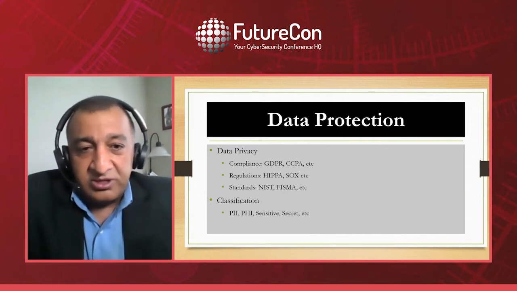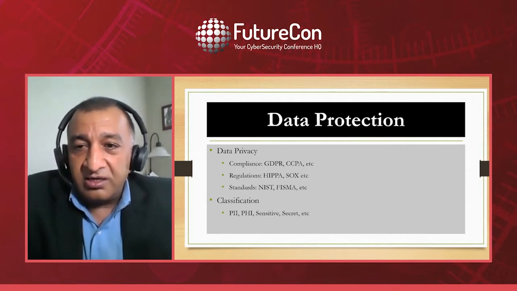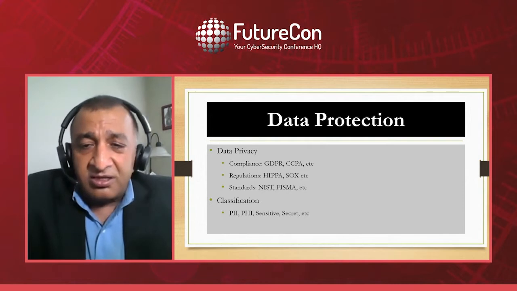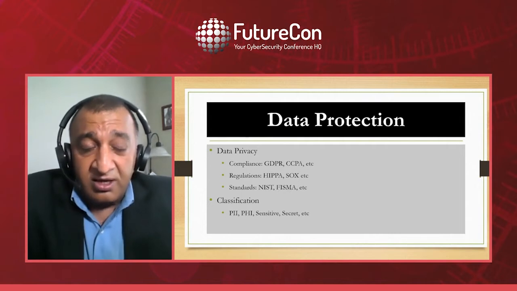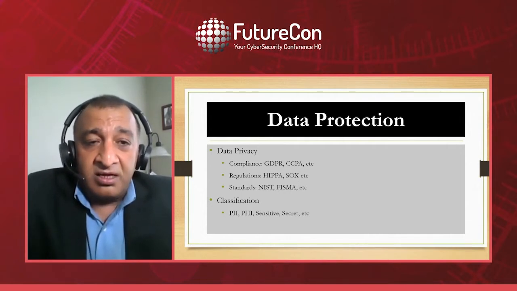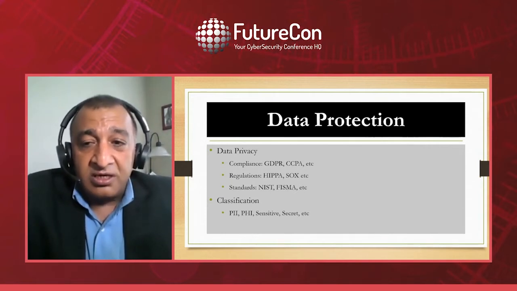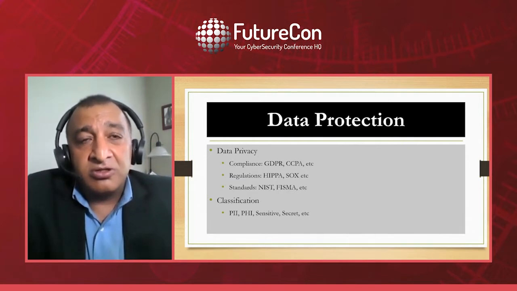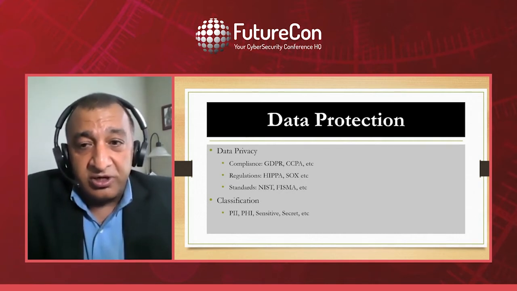I've got a question here before I move on to classification. I think Paul is asking, how do you align compliance and privacy requirements if the GRC and privacy team is not part of the security team? That is a good question, and it's always a challenge in all organizations that I've seen. It is a collaboration, basically, at the end of the day. Compliance and privacy, their vision is not so much security driven.